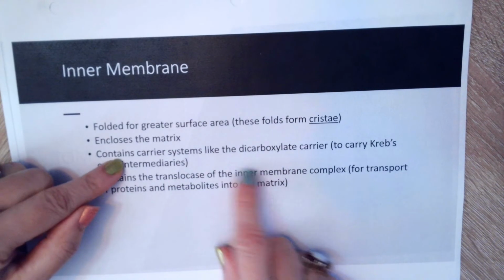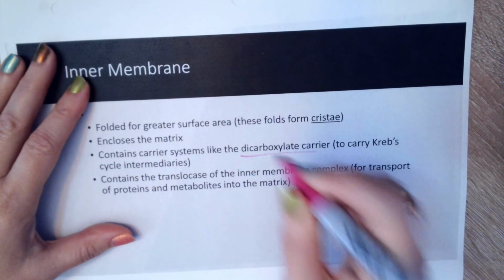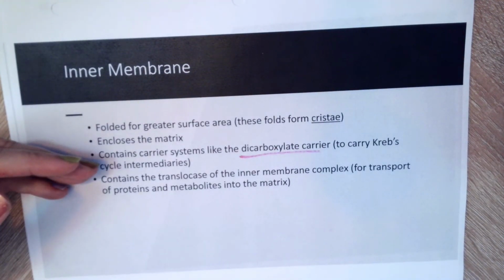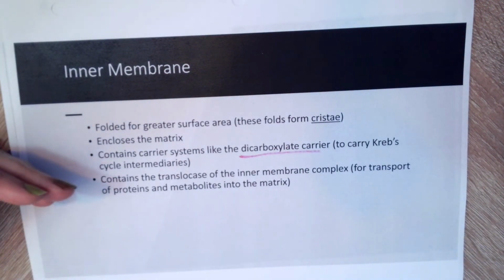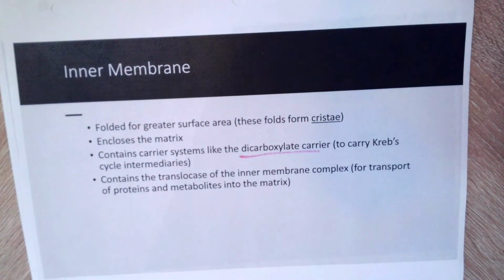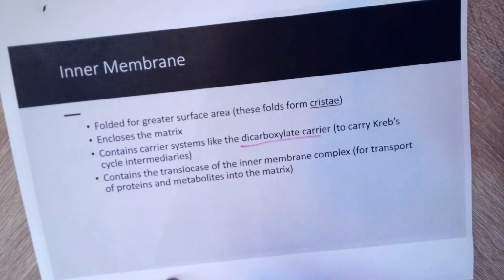And we also have something else called the dicarboxylate carrier. The dicarboxylate carrier is important for carrying things important for the Krebs cycle across that inner membrane. So that's just another carrier that allows things to move across the mitochondrial membranes.